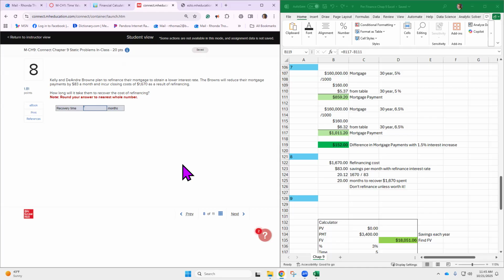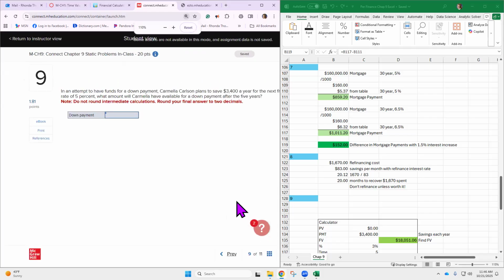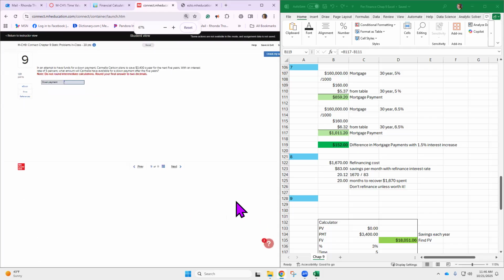So if they're not planning on living there for almost 2 more years, it wouldn't make any sense to do that. So the recovery time, and they want it in the nearest whole number, is 20 months. 20 months after they've had the refinance. The 21st month, they'll get their first $83 of savings that's going to benefit them.